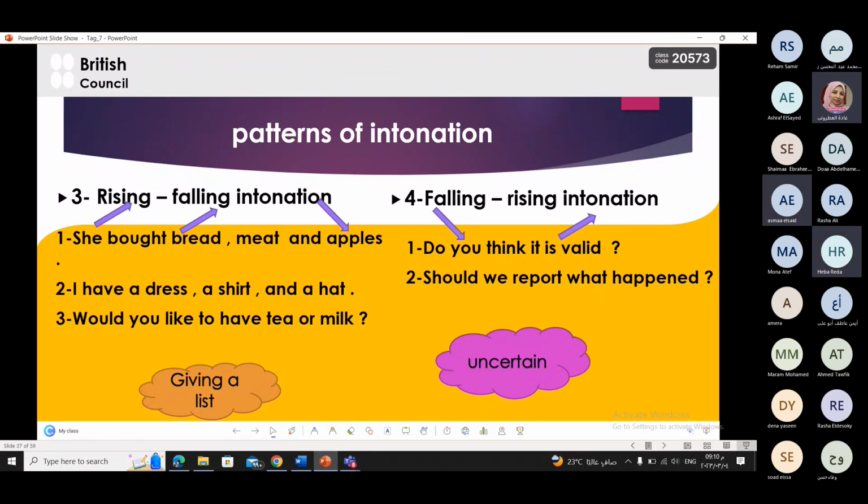So when we are uncertain about things, our question goes from falling intonation to rising intonation. So how many patterns have we learned? Who can remember?